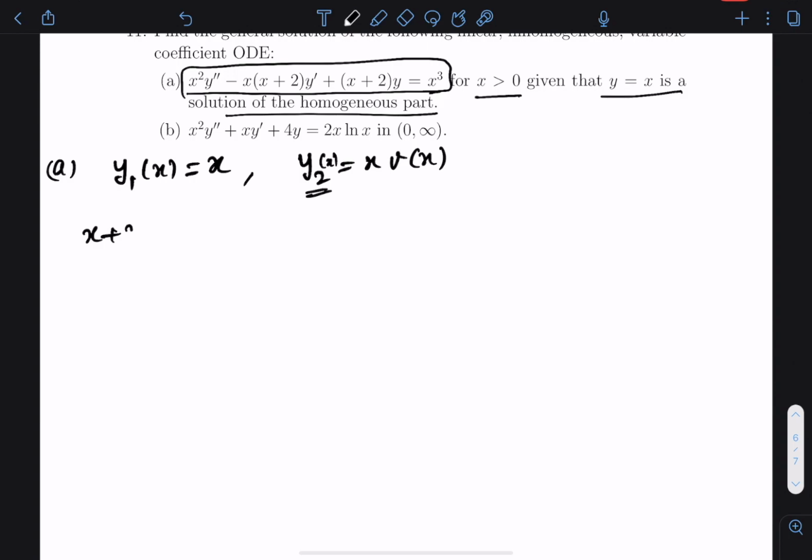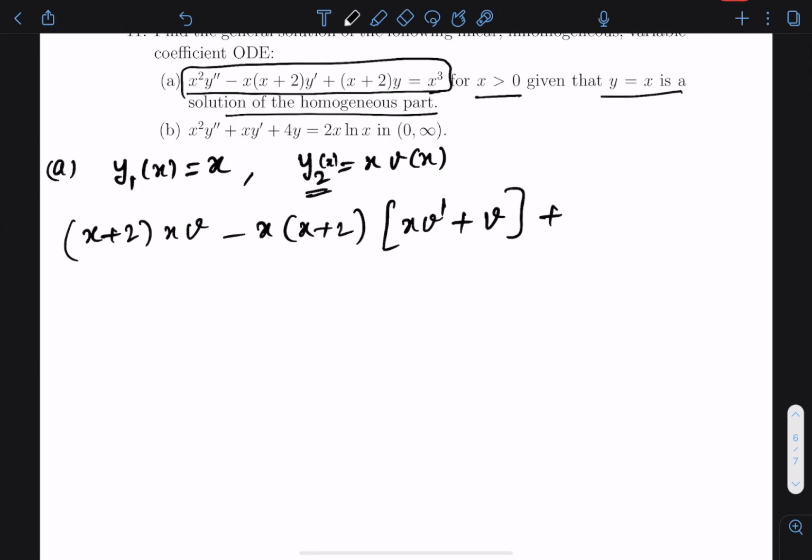Let's see what it is. y2 is xv minus x plus 2 of y2 prime is xv prime plus v, plus x square of y2 double prime is xv double prime plus v prime plus v prime, and that should be equal to 0.